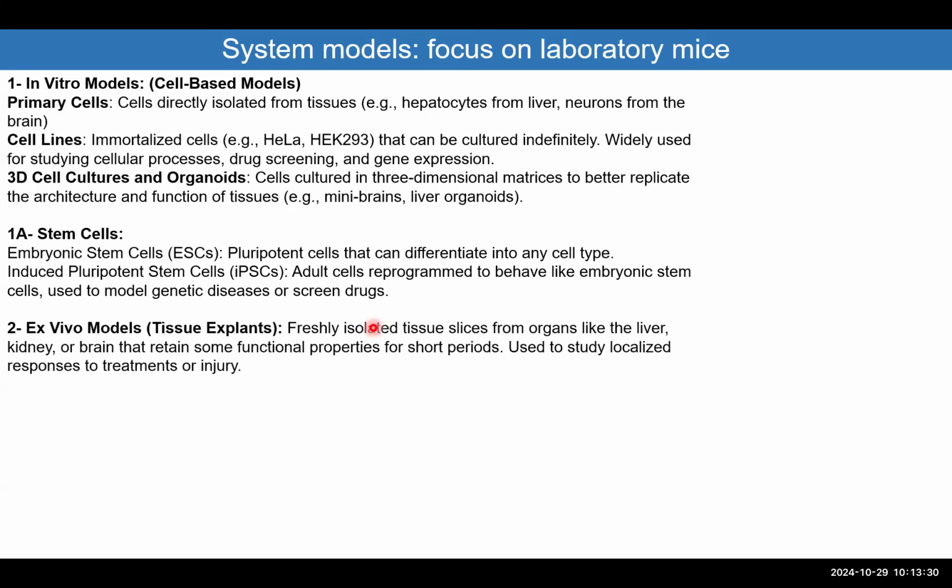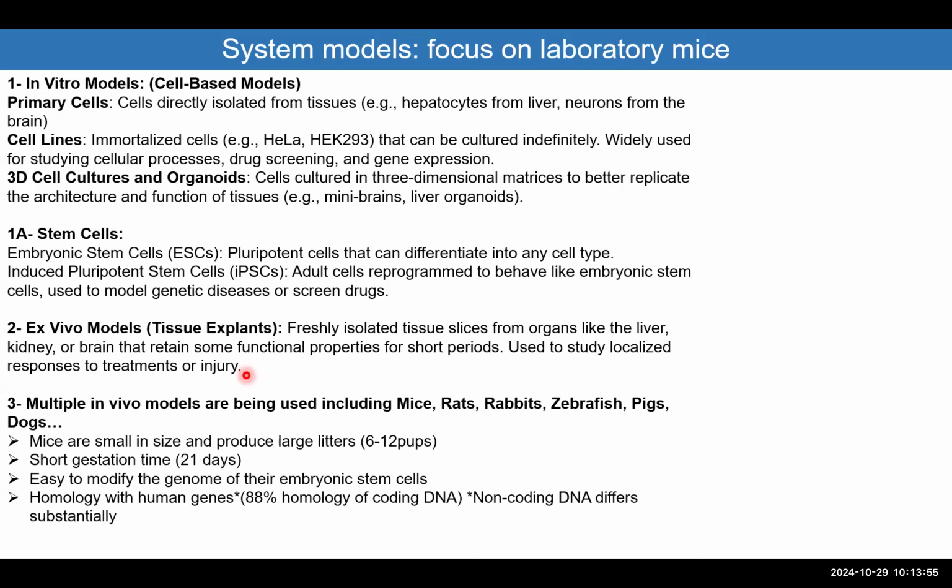Now, the ex vivo, as I said, is a tissue explant. In other words, you would take tissue slices and retain some components or properties of a tissue, but at the same time study their functional properties and how they respond to an injury or a treatment.